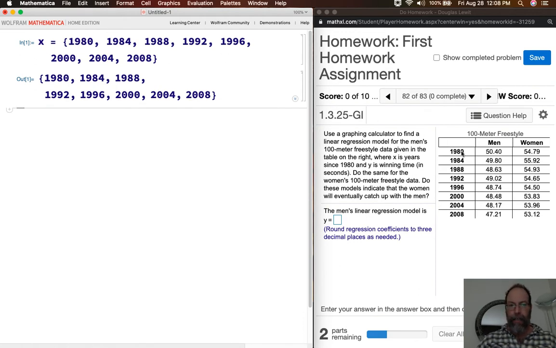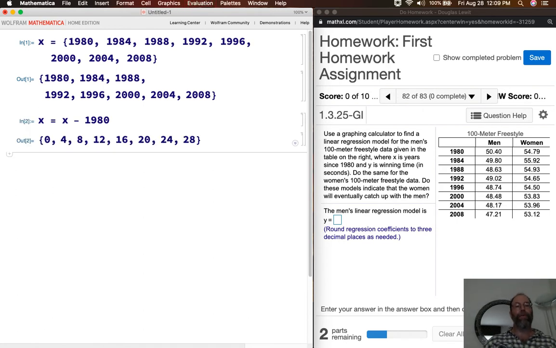Okay, but what they really want is the number of years since 1980. So this should really be 0, 4, 8, 12, 16, 20, 24, 28, right? So what I can do is simply subtract 1980 from each score in my list. And so now I have 0, 4, 8, 12, 16, 20, 24, 28.